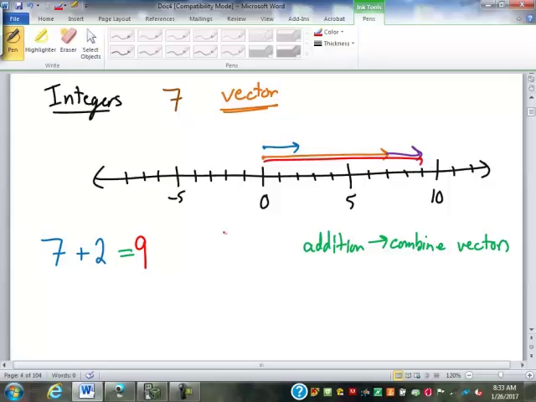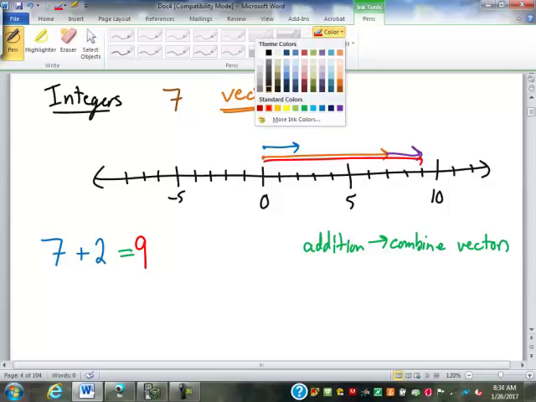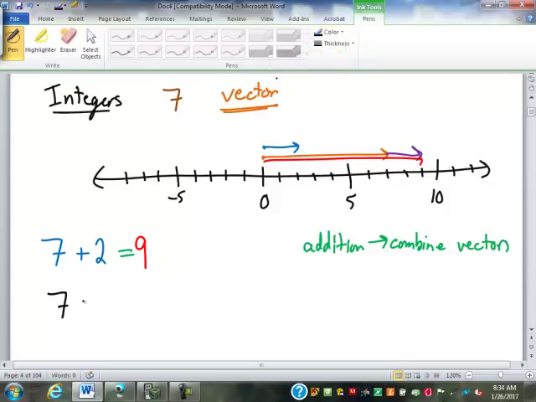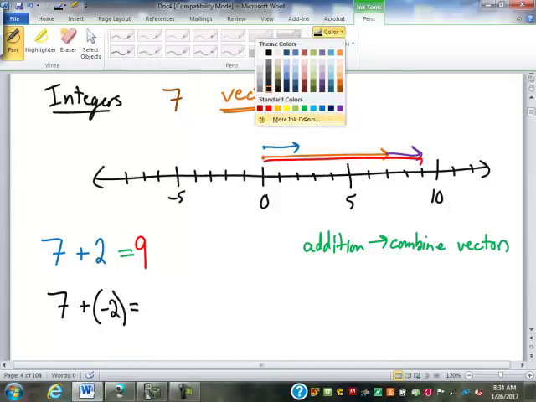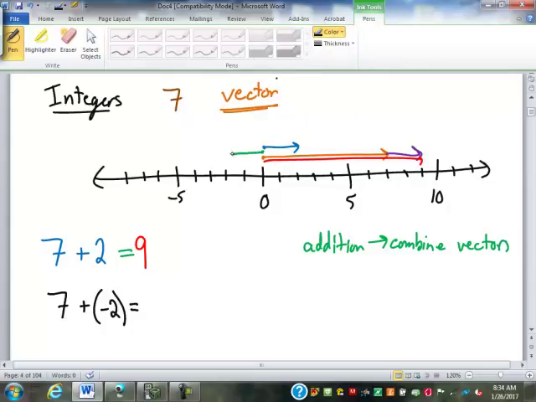Now, you guys could have done that without drawing out vectors. But the reason I did it that way is because now what if this is 7 plus a negative 2? Well, we need the vector for a negative 2. That's going to look like this.